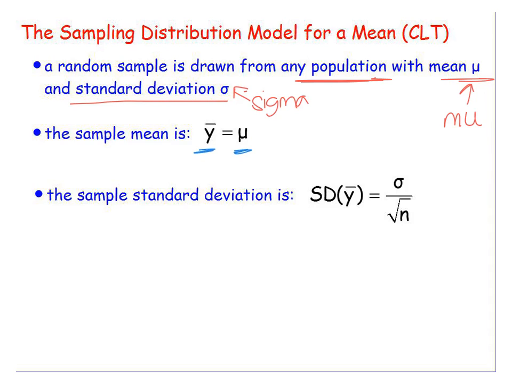The sample standard deviation is the standard deviation from the population divided by the square root of n, and if you remember, n is your sample size. So the means stay the same when we go from dealing with a population to dealing with a sample. However, the standard deviation ends up getting smaller because we're changing the size of the group we're focusing on.